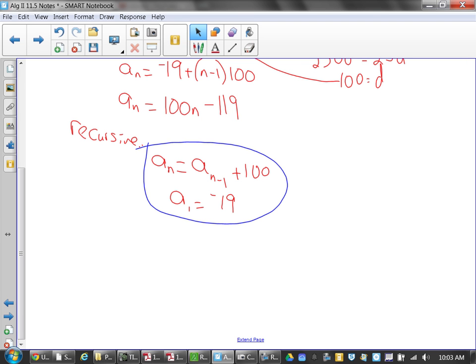You're right, I did say to the n minus 1, didn't I? Sorry, I meant to say subscript n minus 1. I apologize. It's just whatever the term was before, add 100, but you just didn't know where you started within the sequence. That's why they always write down what the first term is. Okay?